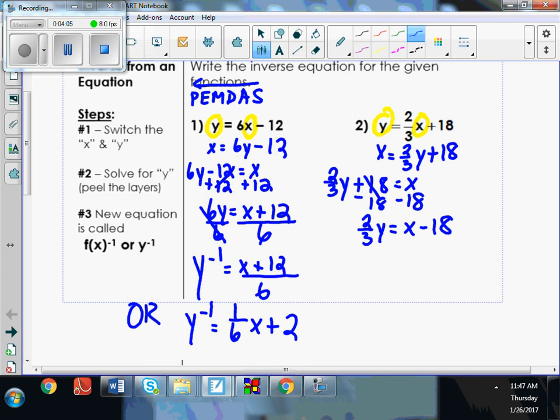Kind of, but we don't want to divide by a fraction, so instead we keep change flip. We keep 2/3, we change division to multiplication, and we flip it. That's why they say multiply by the reciprocal. So we're going to do that to both sides, but when I multiply on this side, I'm multiplying that expression.